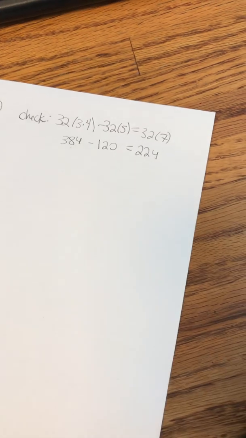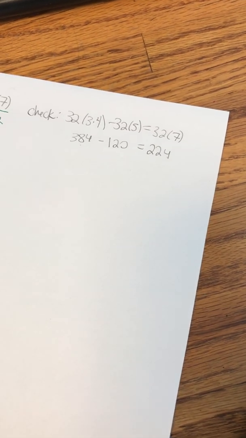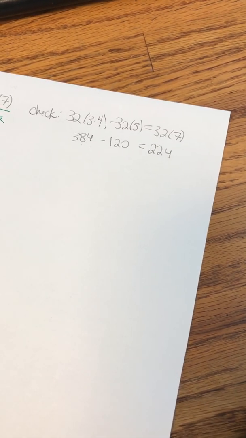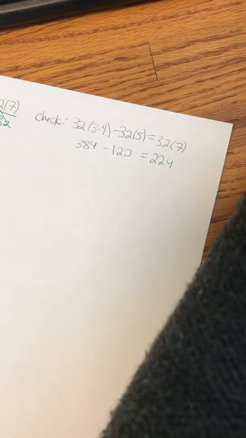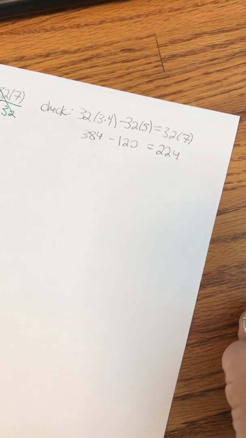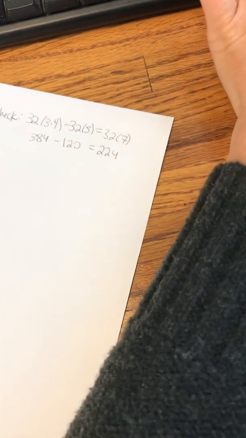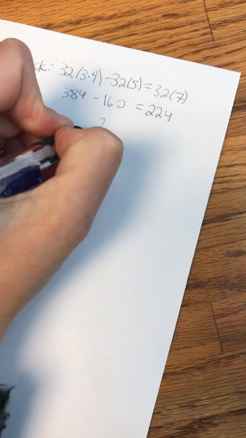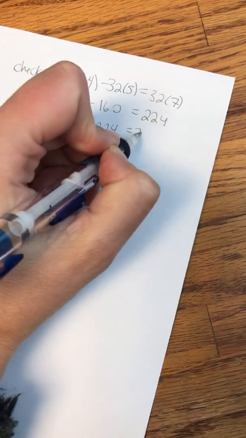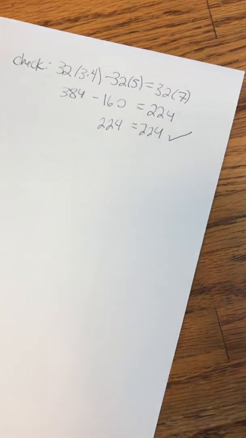No. Sorry, I have this. I've done this problem a bunch of times today, but now they're all starting to blend together. 12 times 32, 384, so this must be 160. Yeah. So then you get 224 equals 224, and then that is your check.